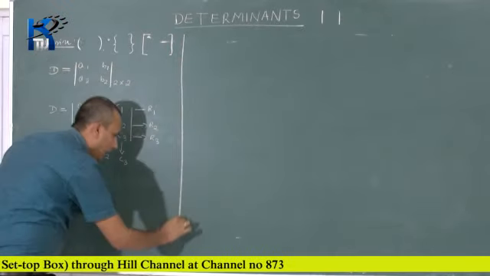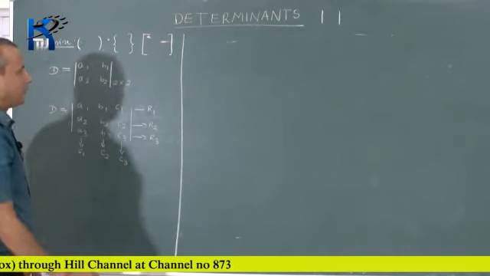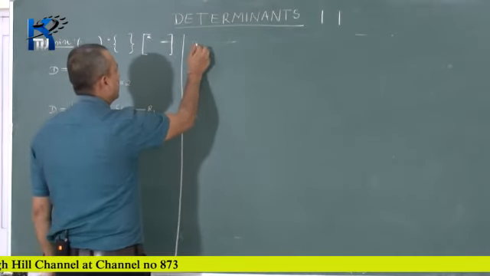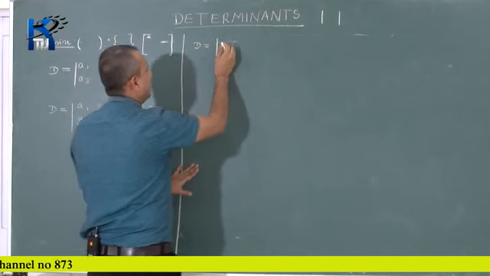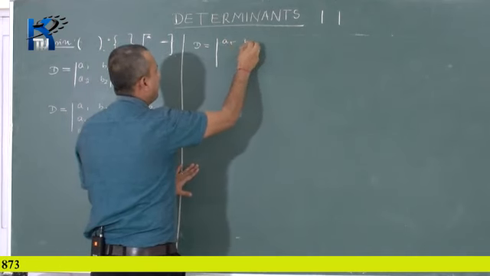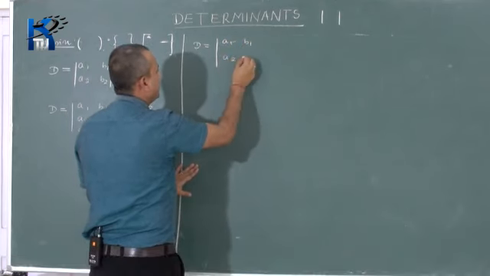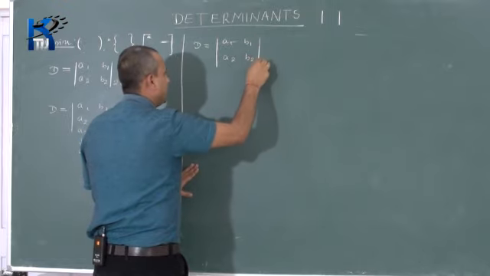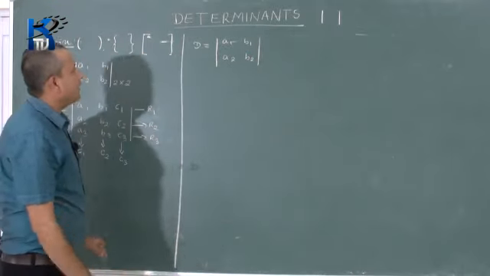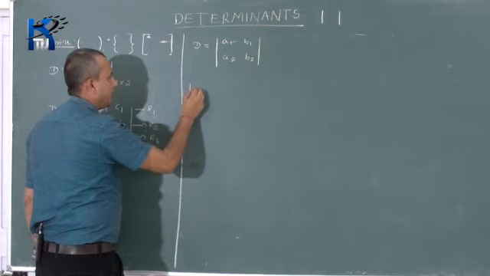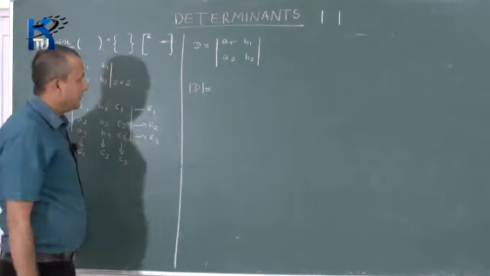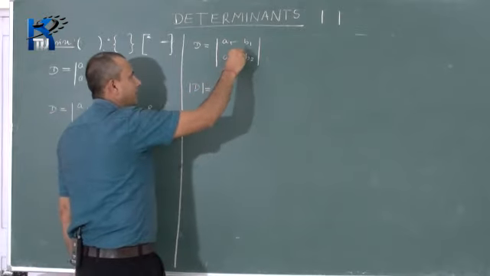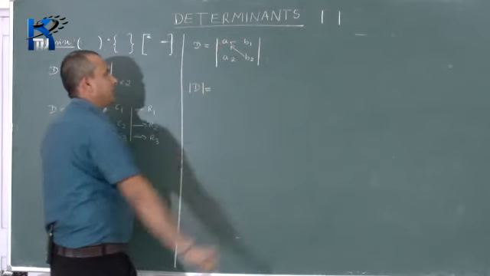First of all, I'll calculate the magnitude of a determinant. Let us suppose the determinant is equal to D, and it is represented by A1, B1, A2, B2. This is a 2 into 2 determinant. To calculate the magnitude, I'll write mode of D. Next, you have to multiply the diagonal elements.